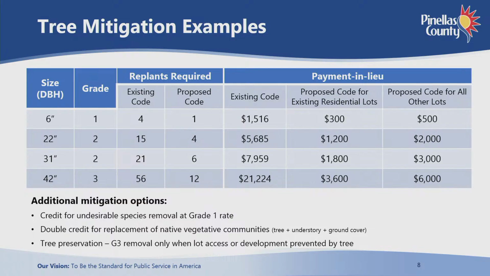And this is an average size tree and average health. The current payment amount for this would be just under $8,000, and with our proposed payment in lieu amounts, that would be $1,800 for a private property and $3,000 for a commercial property. While these numbers may look drastic, I'll remind you that most, if not all, property owners are not replanting their entire replant requirements. They're doing a combination of replanting and payment in lieu.